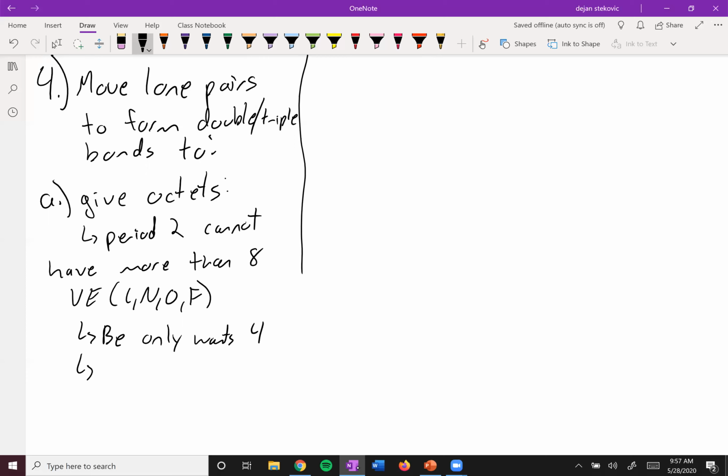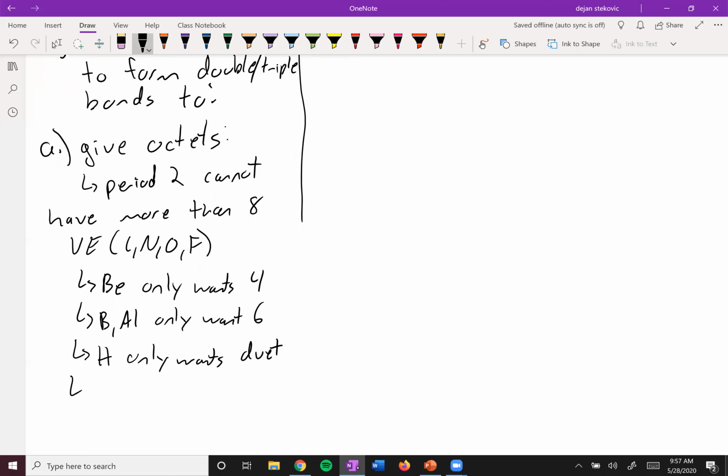Aluminum and boron only want 6 valence electrons or 3 bonds. Remember, hydrogen only wants a duet. And then anything period 3 or below can have more than an octet.